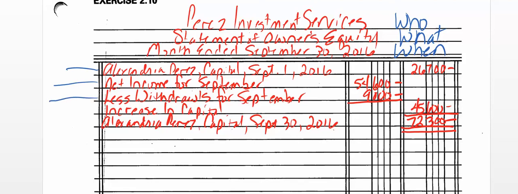So we subtract withdrawals for September. In this case, we're showing an increase in capital, but it very well could be a decrease. And then we are either adding or subtracting, depending on the increase or decrease in capital, to get our brand new amount in our owner's equity account for Alexandra Perez. All right, onward to the balance sheet.